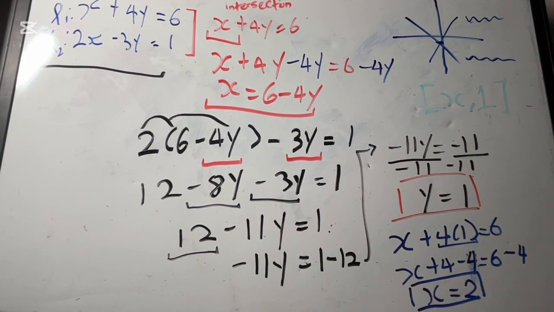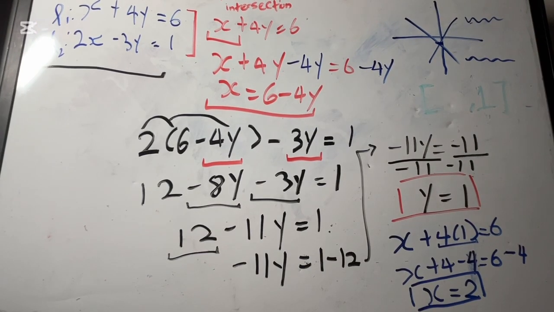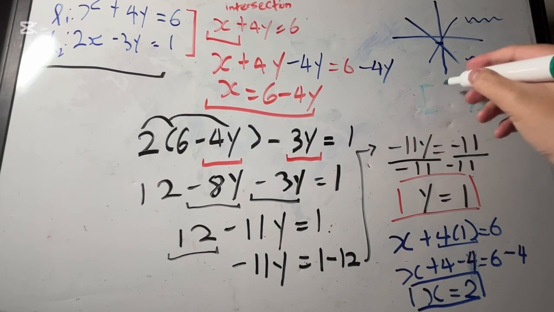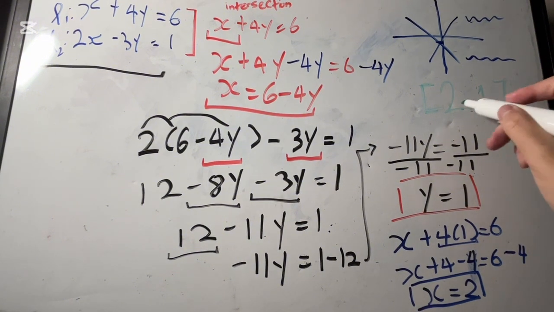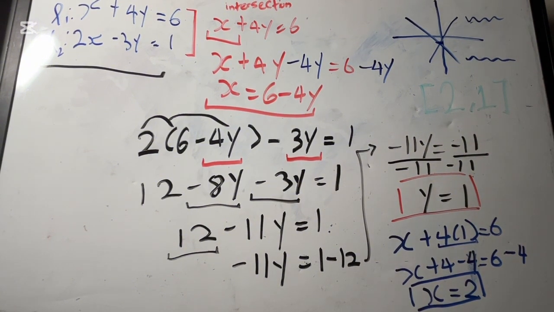And thus, in the end, what we've achieved is a complete set of coordinates which correspond to the point of intersection. If you were to graph this, say on a test, you're going to graph 2 and 1. 2 is your x value and 1 is your y value. And thus, you've completely found the point of intersection and solved the linear equation.